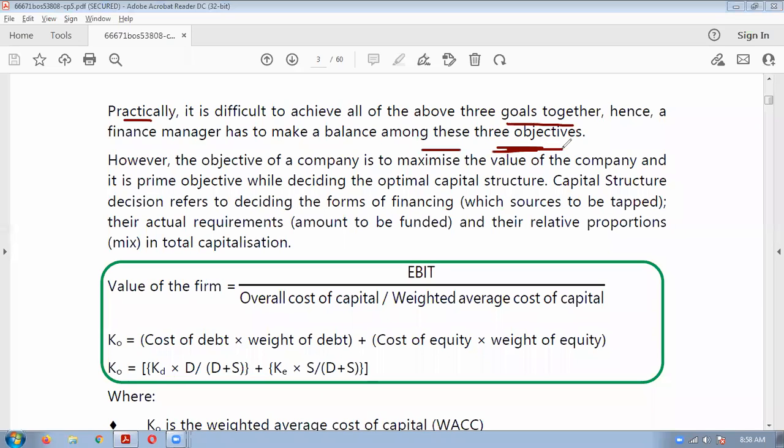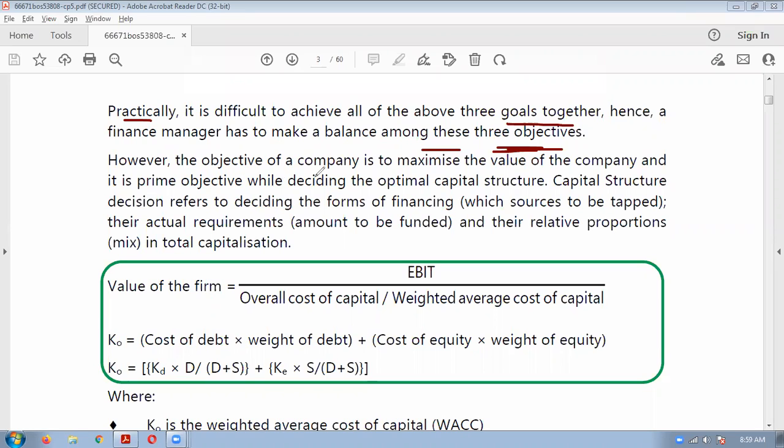So you should take an optimum decision regarding these three goals, that is control factor, risk factor, and cost factor. Now you have understood that all the goals are conflicting with each other. So how can these goals be reconciled? It is the duty of the finance manager to take a balanced decision.